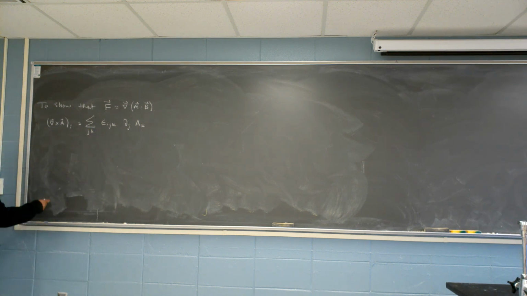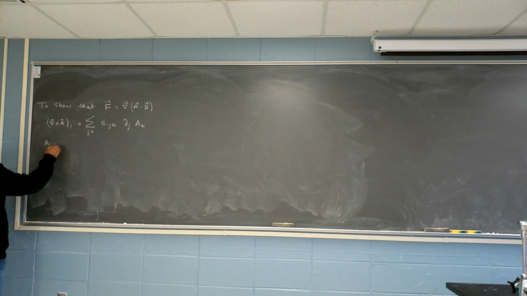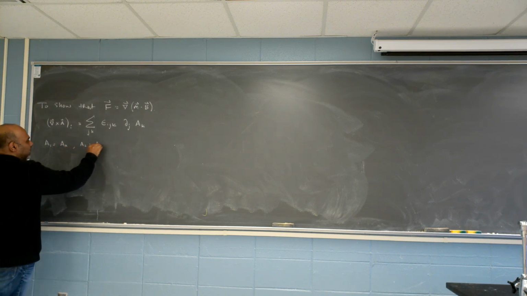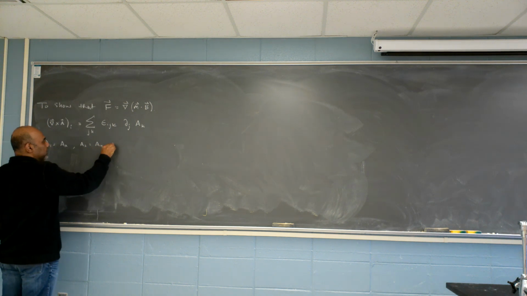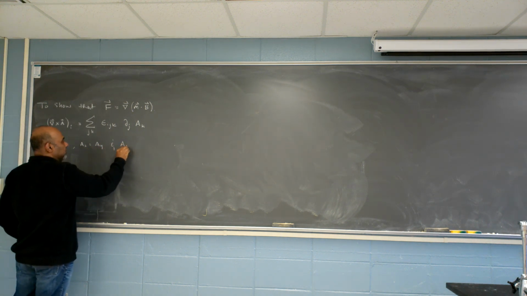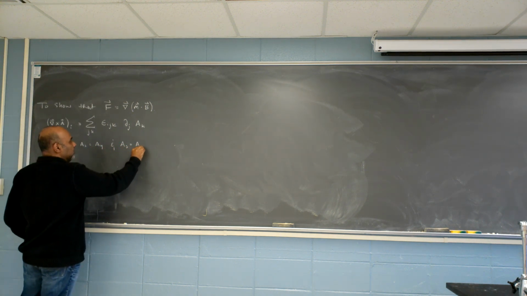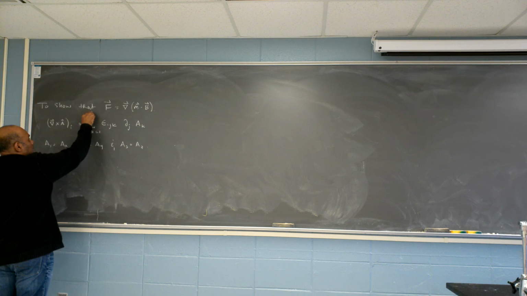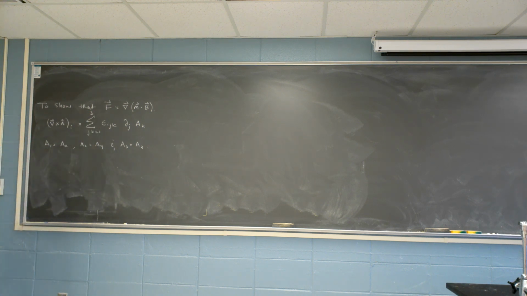In this notation, A1 is Ax, A2 is Ay for any vector, and A3 is Az. So when I say sum over j and k, they're going from 1 to 3.